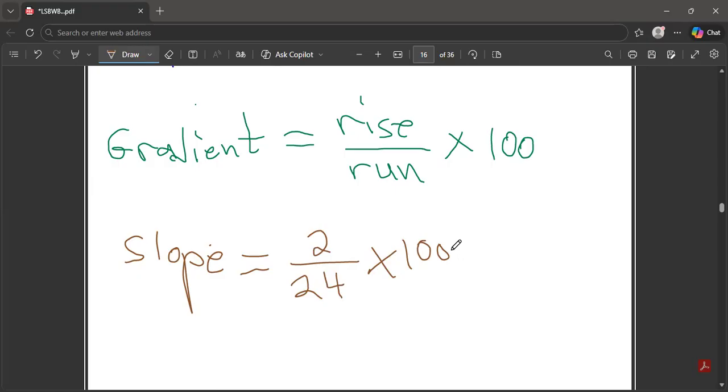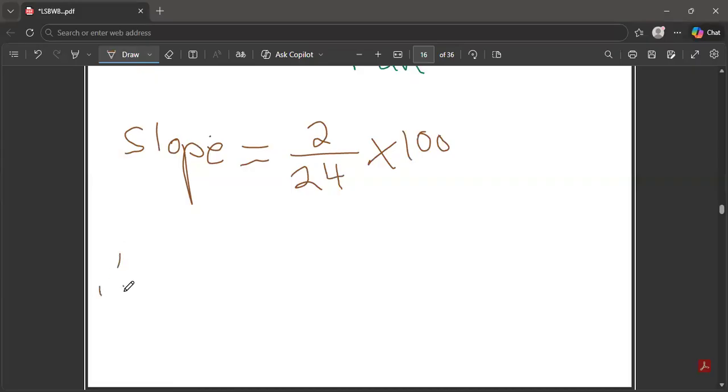So let's all calculate that together. 2 over 24 times 100, we're going to get 8.83%.